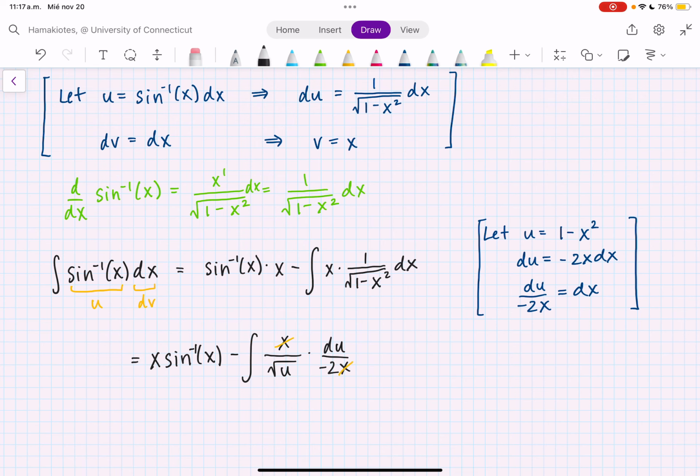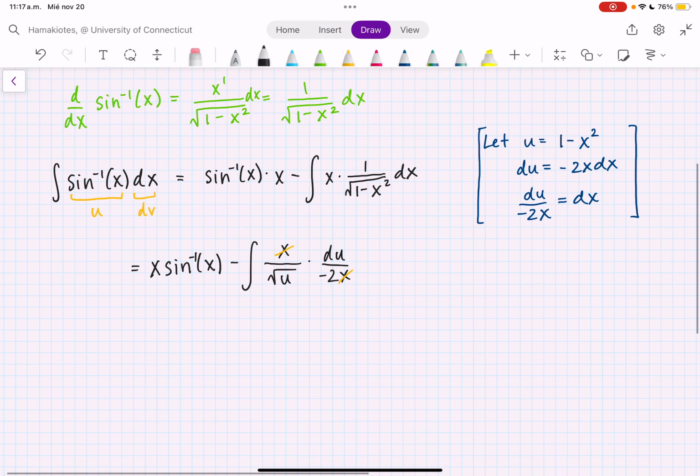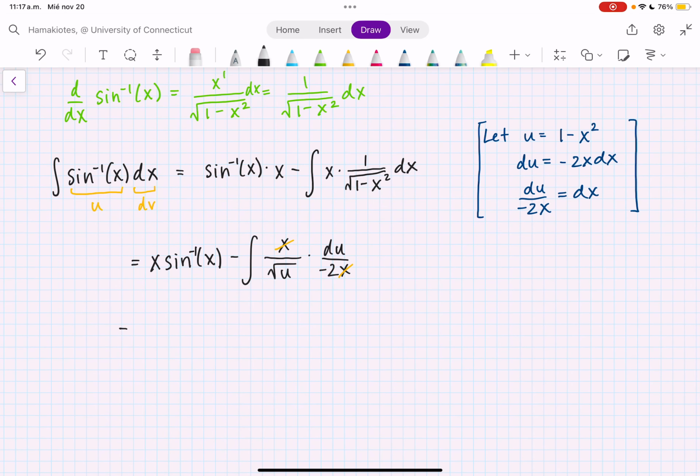And I have a 1 over minus 2 times du, so I can take that constant out. So what I have here is x times sine inverse of x minus 1/2 times the integral of 1 over the square root of u du. Now I can do some simplifying.